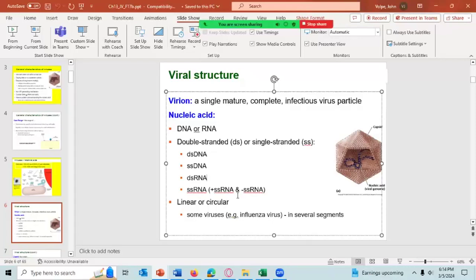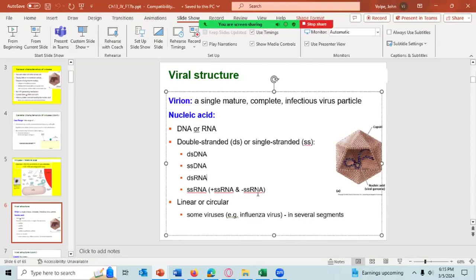The negative single-strand RNA cannot be read by the ribosomes. It does not have AUG. It would have the complement of AUG, which would be UAC, I believe. The ribosome cannot read negative single-strand RNA genomes. Any question about any of that?